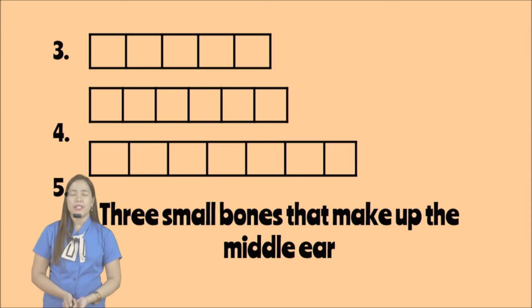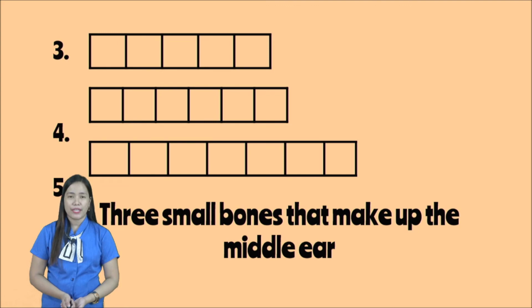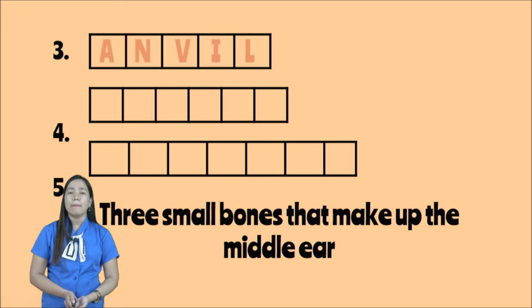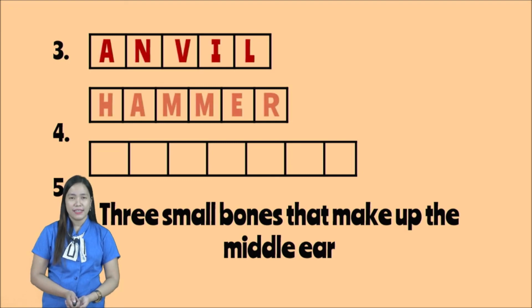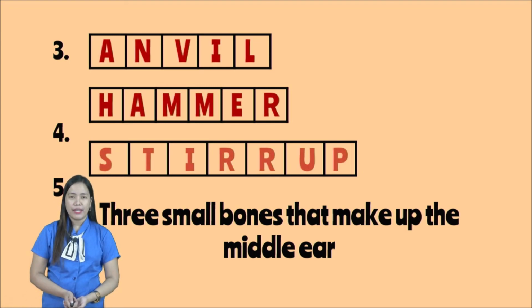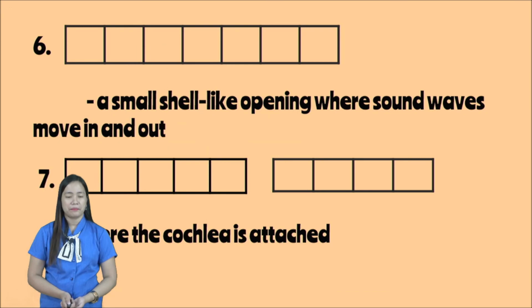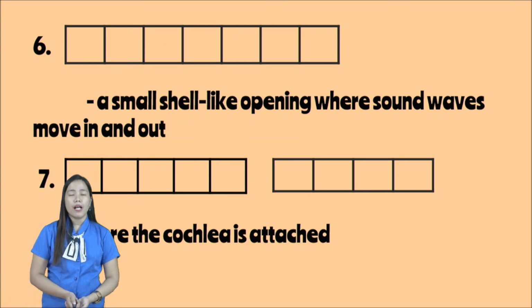Okay, this one we need 3 answers. 3 small bones that make up the middle ear. Okay, we have anvil, hammer, and the stirrup. Kindly write those 3. Very good. Number 6, small shell-like opening where sound waves move in and out.